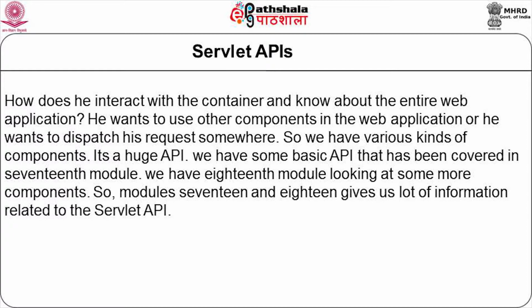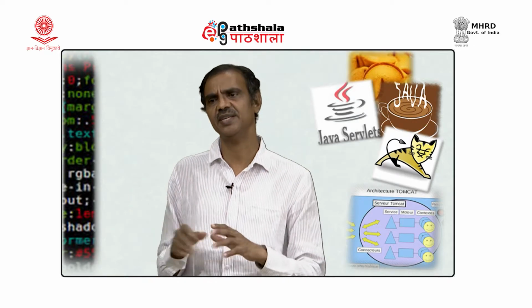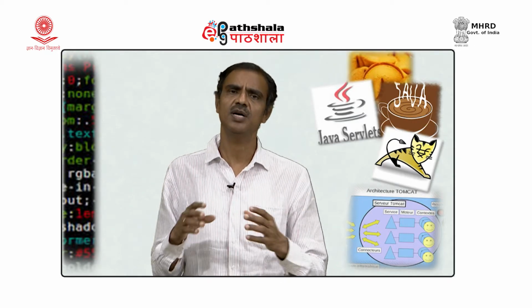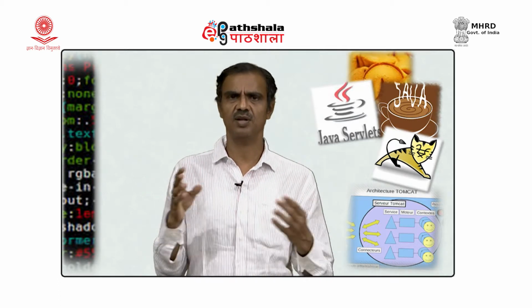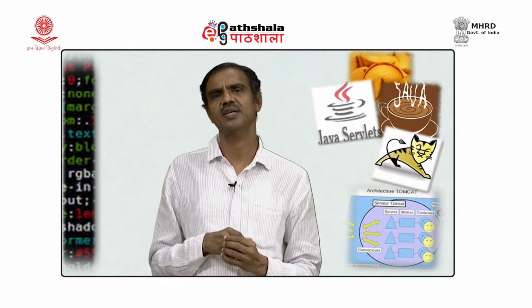It is a huge API. We have some basic API that is being covered in module number 17, and module 18 looking at some more components. So, those 2 modules 17 and 18 give us mainly what there is in the servlet API, a lot of things related to the servlet API.